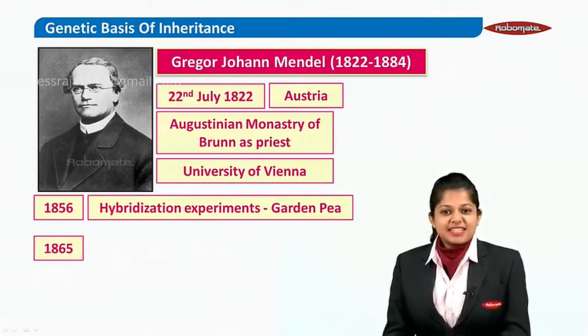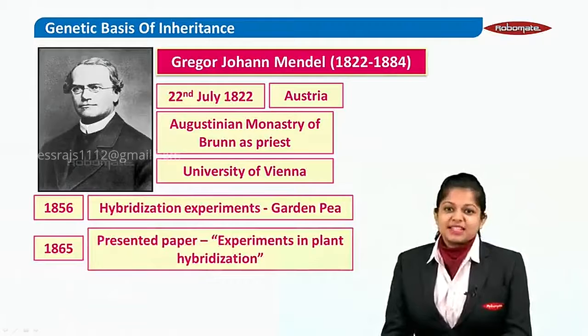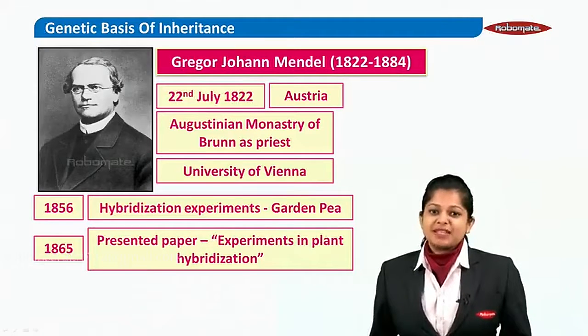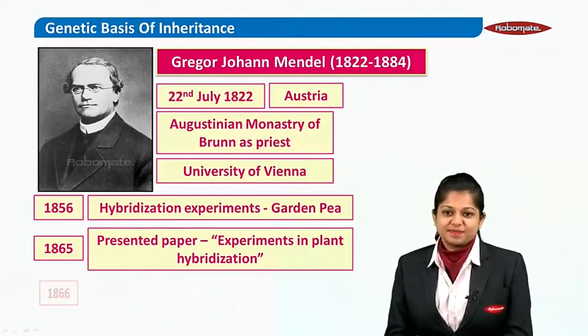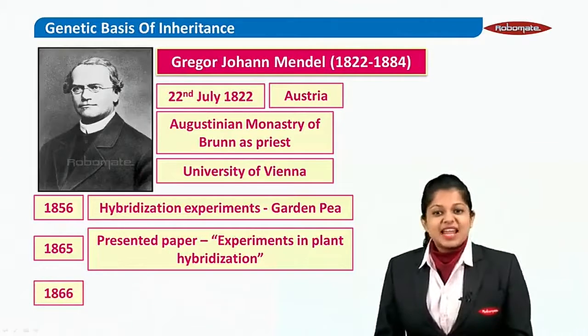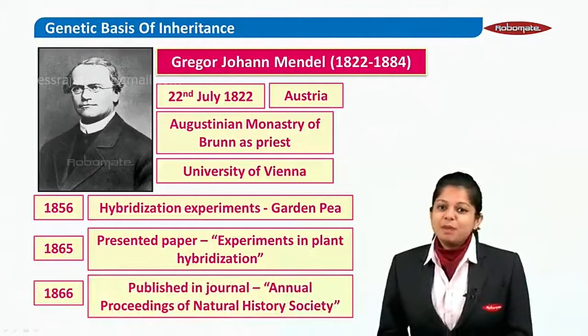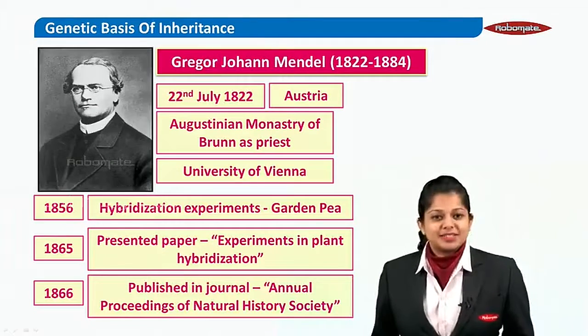In the year 1865, he presented the paper Experiments in Plant Hybridization. In the year 1866, it got published in the journal Annual Proceedings of Natural History Society.